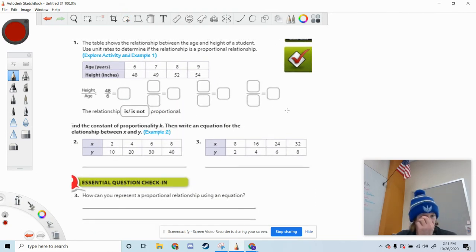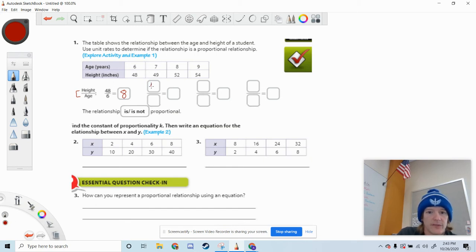For number 1, the table shows the relationship between the age and height of a student. Use unit rates to determine if the relationship is proportional. So what they have set up for us is to set up a ratio, set up a fraction, set up a division problem where we do height divided by age. 48 divided by 6 equals 8.